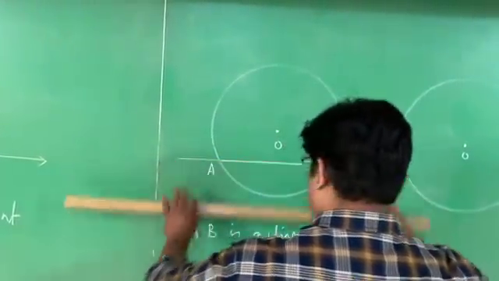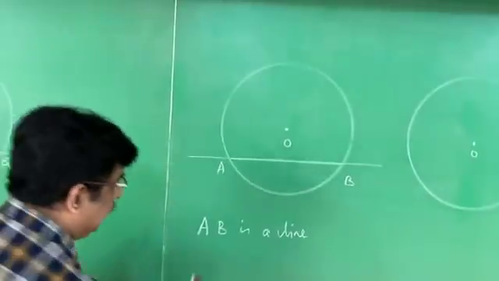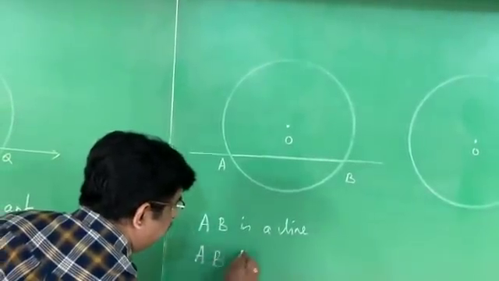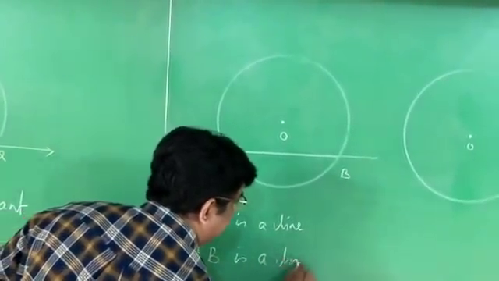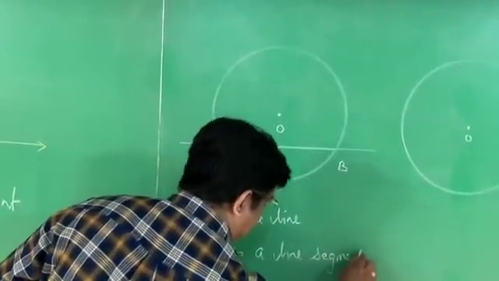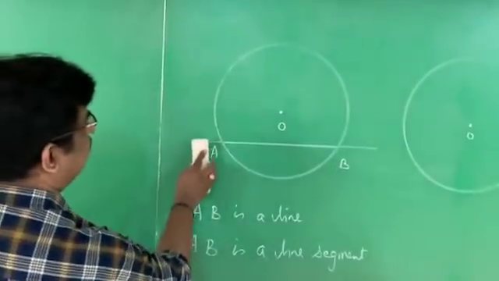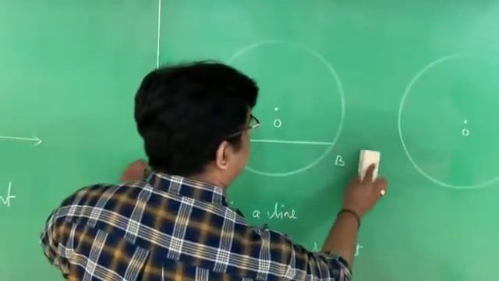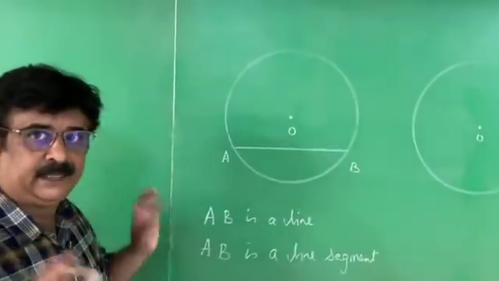Suppose AB is a line segment. When AB is a line segment, I can't extend. Try to understand this. Very simple.